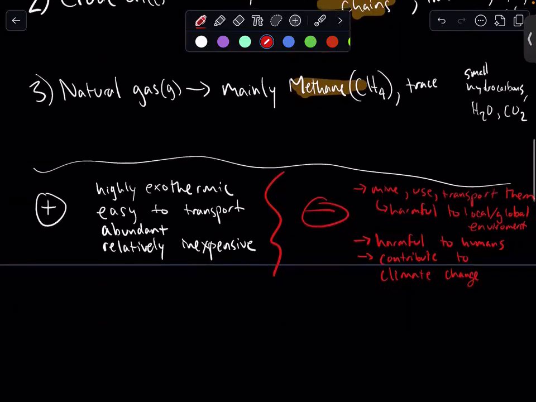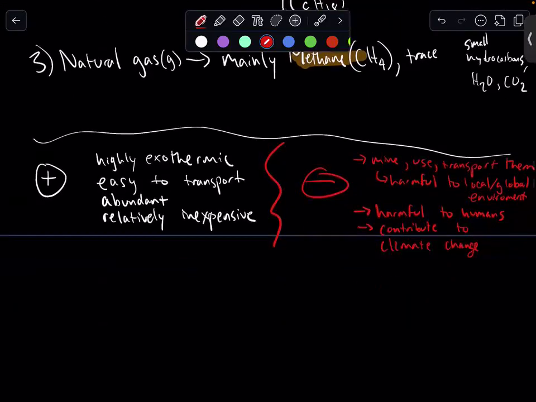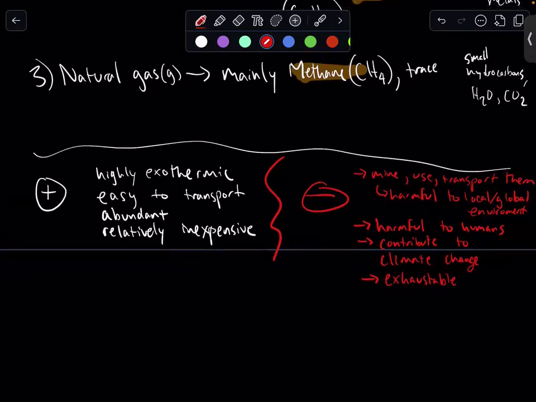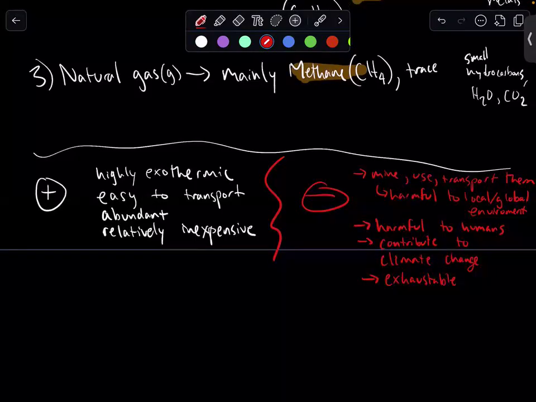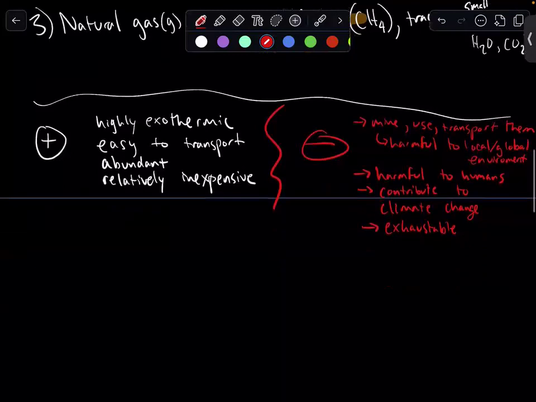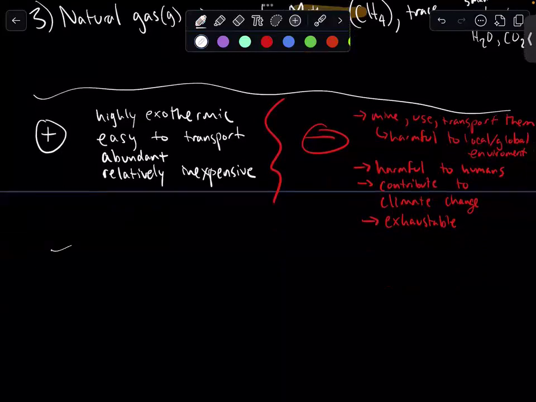Some might argue that they are the reason for major climate change and global warming. And then lastly, they're exhaustible. They will end. We cannot produce these. They will eventually all be gone. We will run out, so we cannot rely on them forever. So there are some pretty hefty negatives. I would say I'm extremely biased as a science teacher that we should not be using fossil fuels.